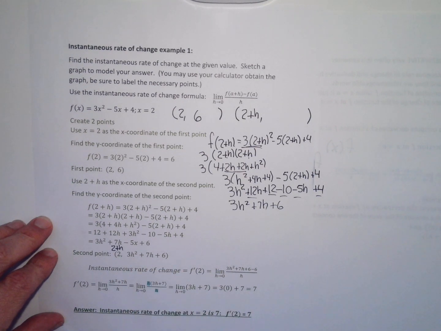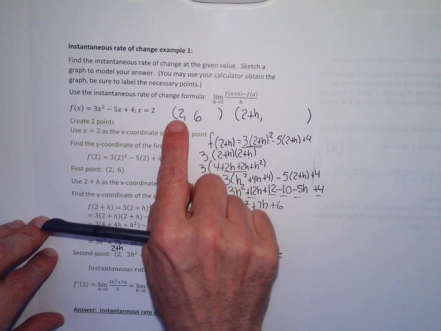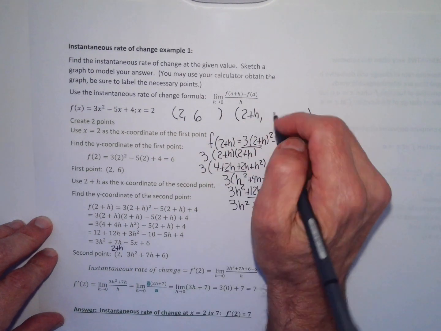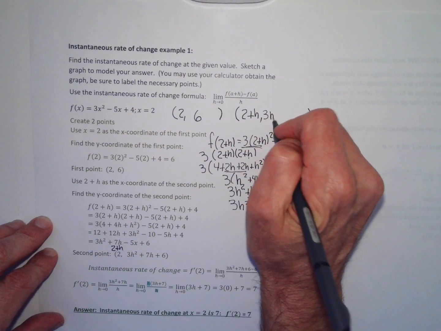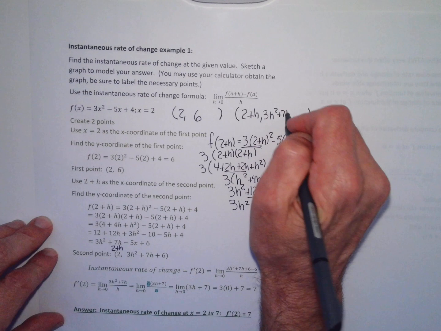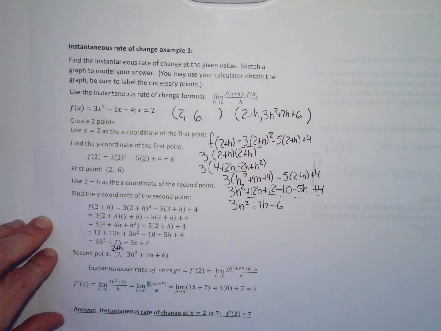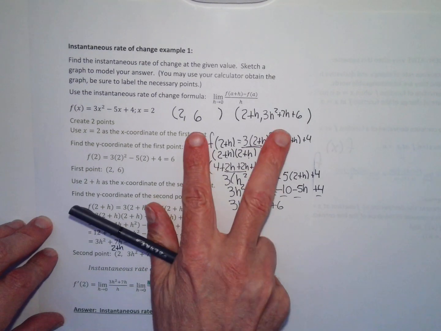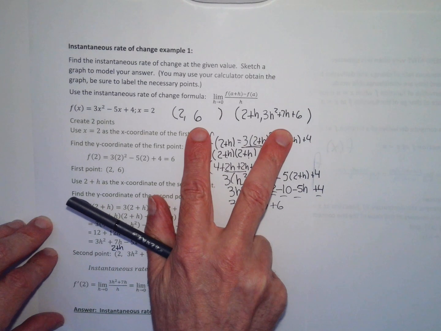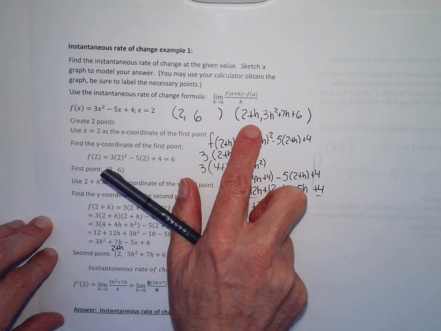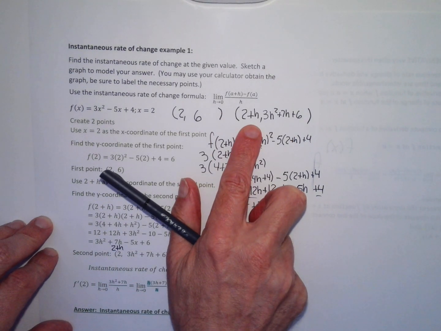So now I have 2 points. I have the point 2, 6 and the point 2 plus h, comma, 3h squared plus 7h plus 6. The instantaneous rate of change is just the slope of the line between those 2 points with the limit as h goes to 0.